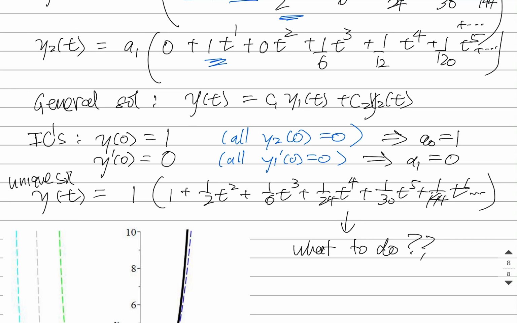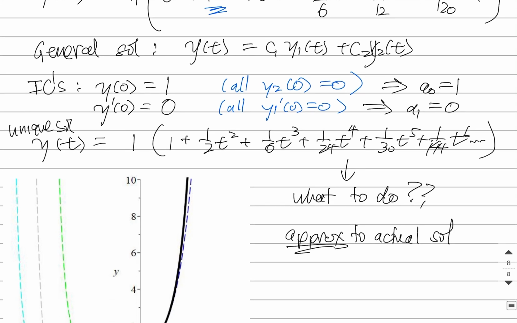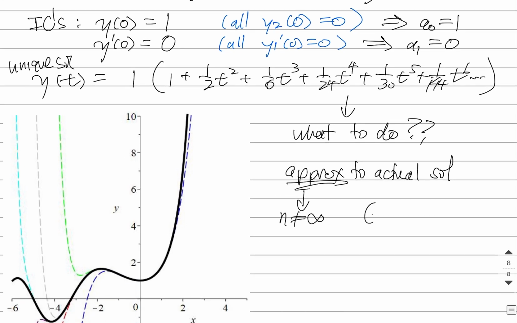Well, as I said earlier on, this is an approximation to the actual solution. It's an approximation because if n is not infinity, it's only exact as you take the limit, n goes to infinity.